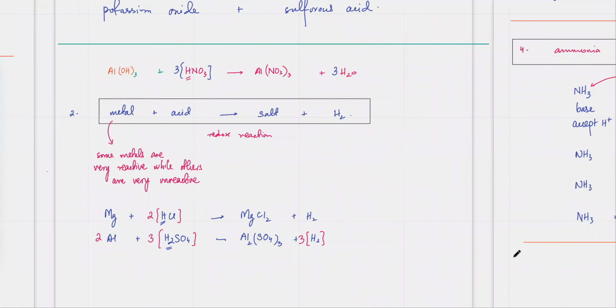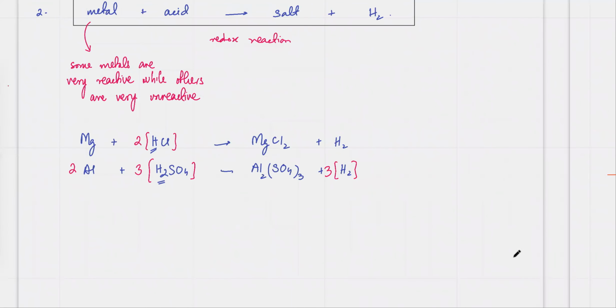Then we did a metal plus acid reaction. And I'll just do one more metal plus acid reaction. You've got calcium plus phosphoric acid. Get rid of the H, put calcium in its place. It's going to be CaPO4 plus H2.